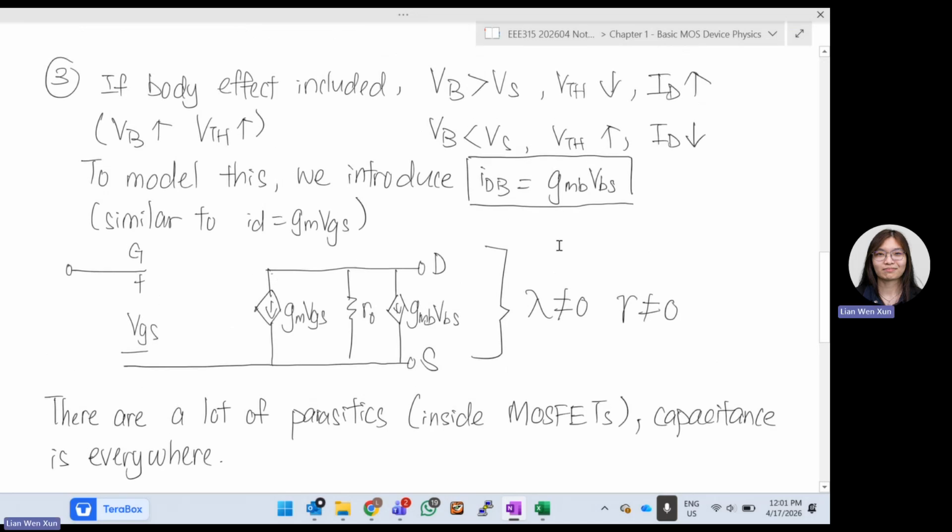So this is the full model. If you want to include all non-idealities, this is the full model for your small signal analysis. We have gate, drain, parallel line. At the bottom, there's one source. From drain to source, there's gm·VGS, there's r0, and there is gmb·VBS.